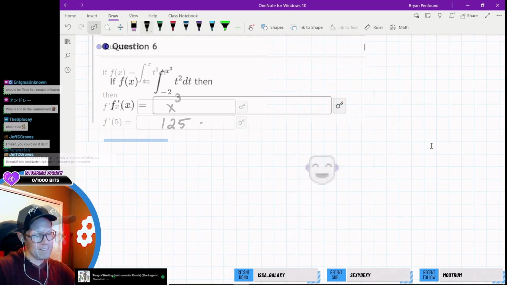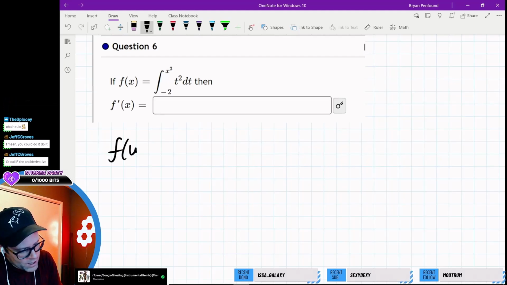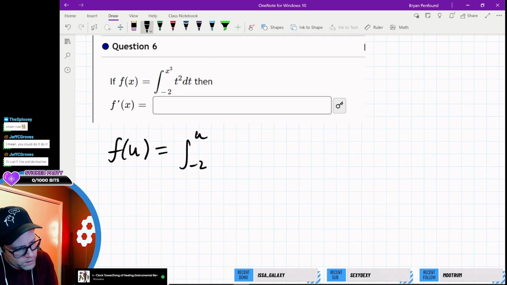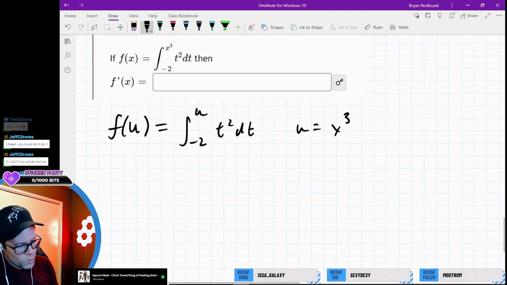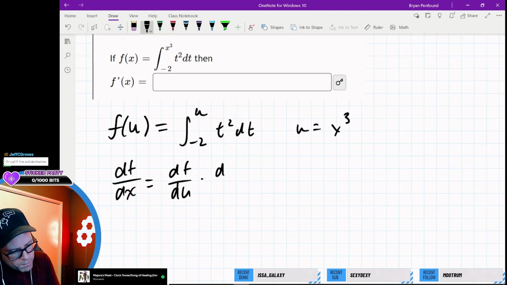I'd probably use chain rule. I'd probably say f at u is equal to the integral of -2 to u of t squared dt, where u is equal to x cubed. And we know that if I want to find the derivative of f with respect to x, we could just take the derivative of f with respect to u, and then multiply that by the derivative of u with respect to x.